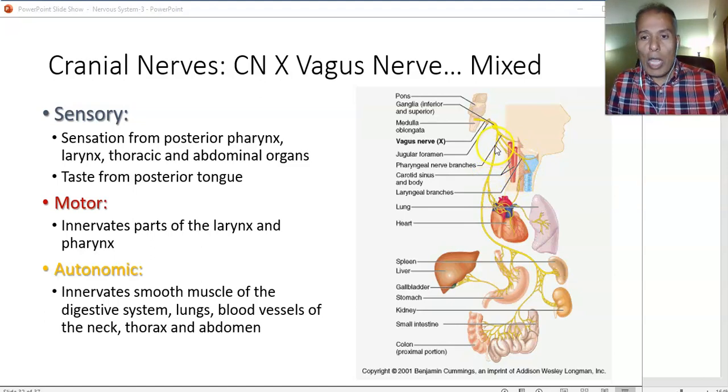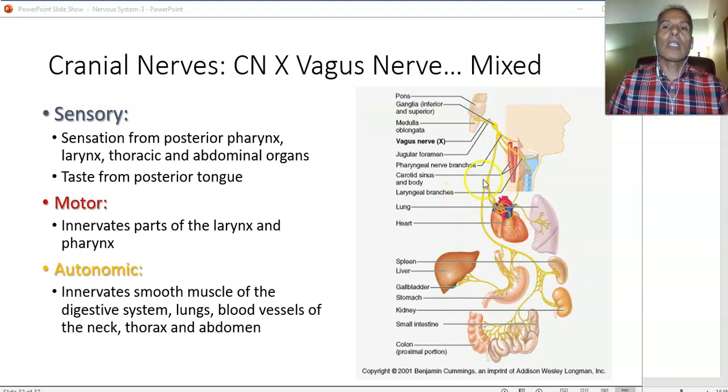Then the biggest pieces of it go down into the trunk to innervate the visceral organs, including the heart, the lungs, the kidneys, the stomach, the liver, the intestines. It's an extensive nerve.